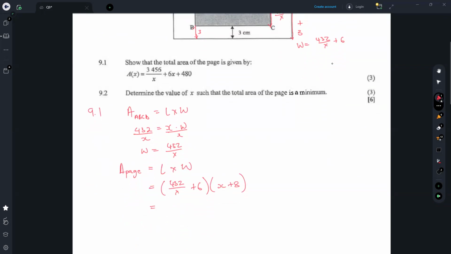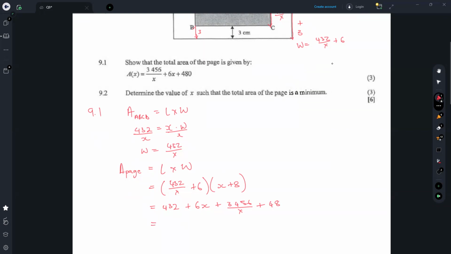So we're going to have X multiplied by 432 over X, which gives 432, multiplied by 6X, and now we multiply by 8. So when we multiply by 8, we get 3456 over X. And now you have 8 multiplied by this 6 here, and you get a value of 48.